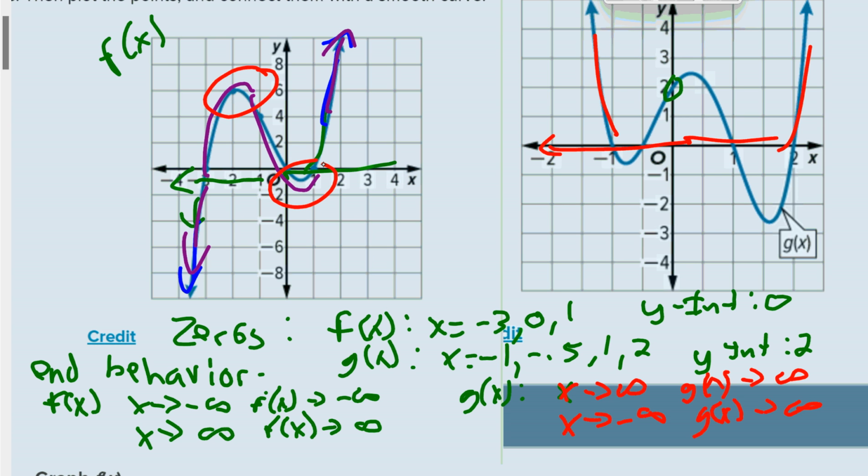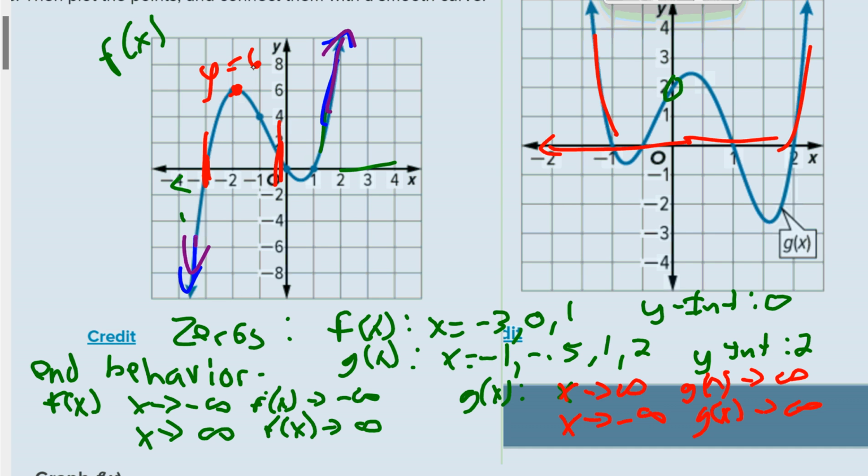Now, if you go on to calculus, you actually find out how to find them. But right now, we're just going to label them because we have a graph so we can see approximately where they are, right? So this has a relative max. If I isolate this and cut it off from right here to right here, it looks like a parabola. So we have a relative max somewhere close to y equals 6.